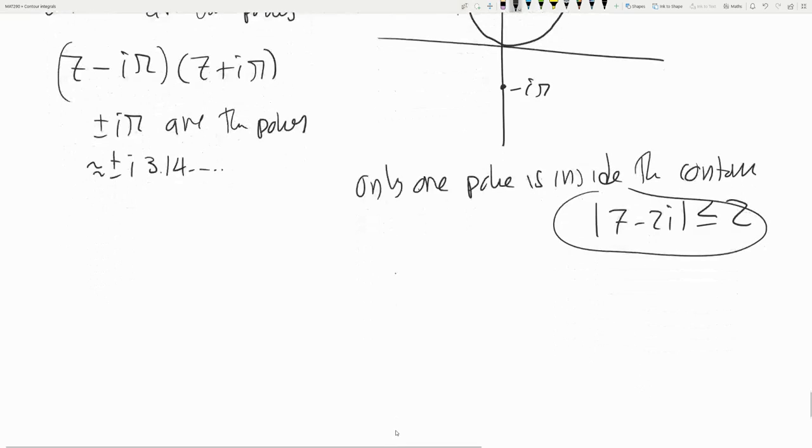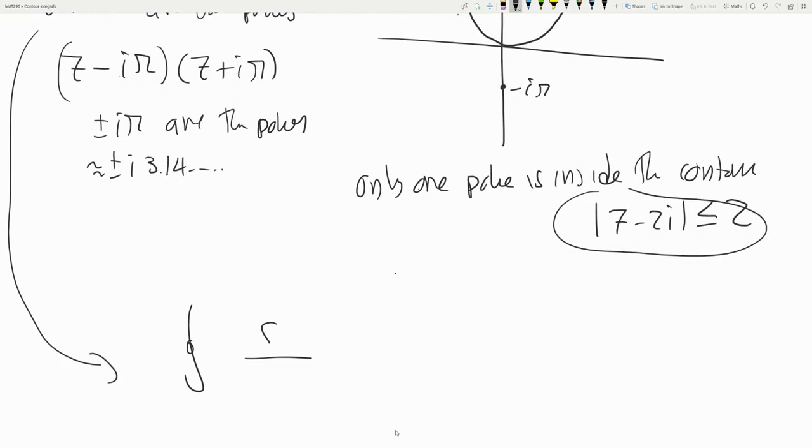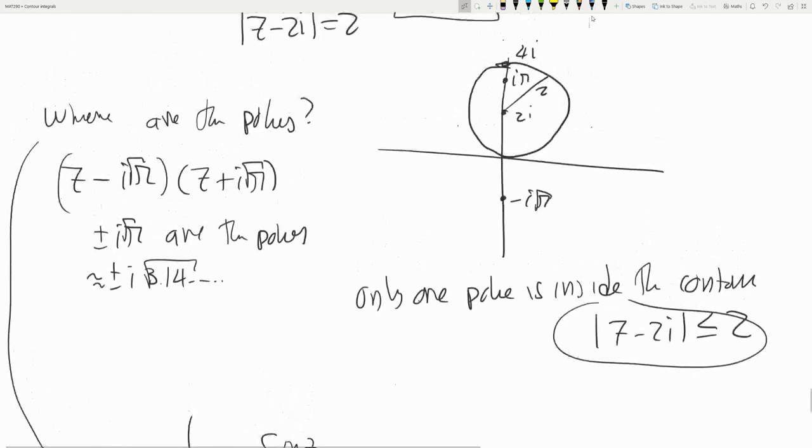So let's use our formula. So sine z, z minus i pi, the square root, sorry.